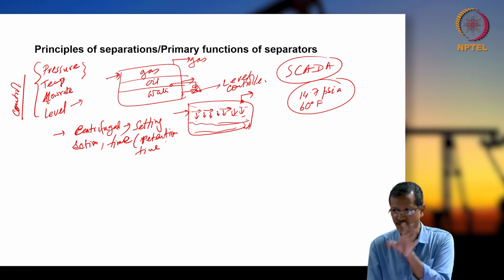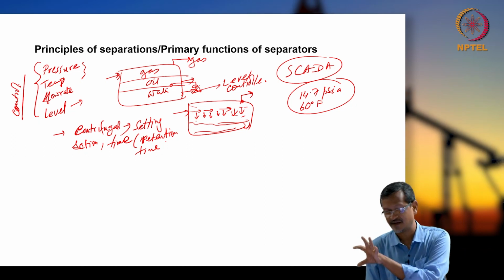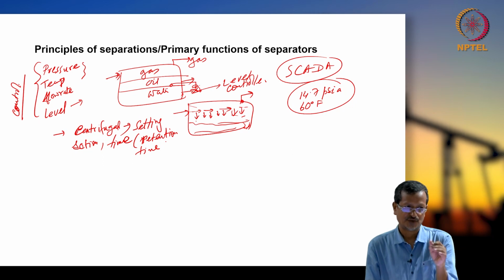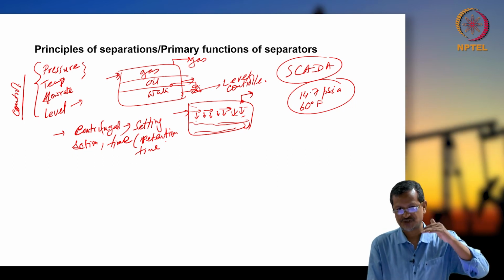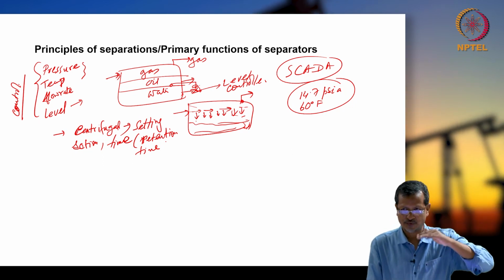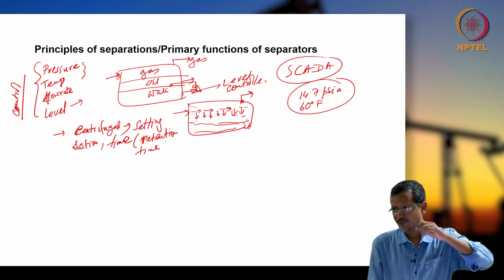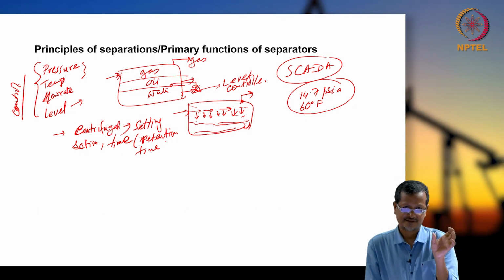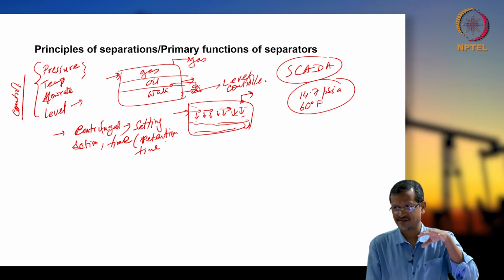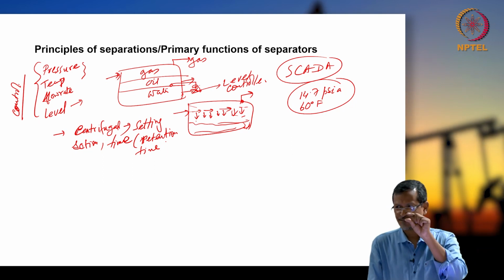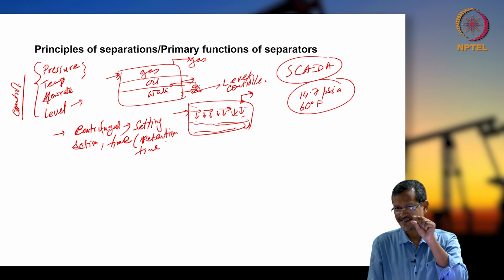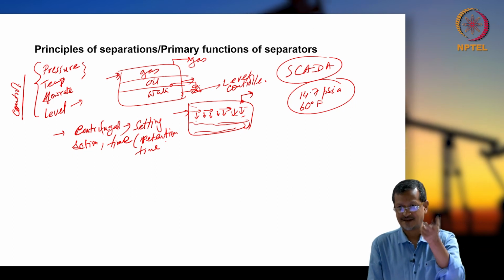Your objective is to make it compact and efficient, and your other criteria are that it must be cheaper, must work for a longer duration, and must be reliable. Pressure and temperature should be within a certain range; pressure should not go very high or very low, and temperature also should not go very high or low. A separator is a pressure vessel, so you have to design the thickness of the pressure vessel and select the material.